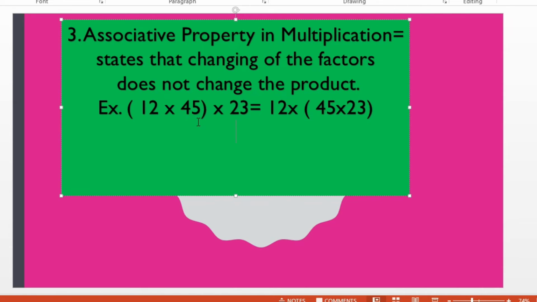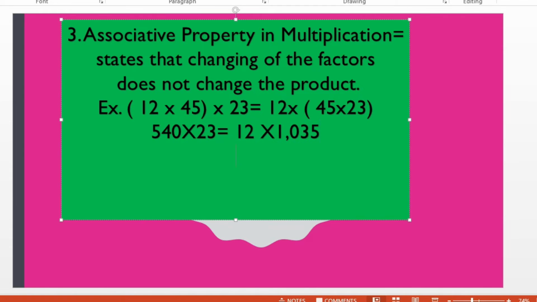So the answer is 540 times, bring down po natin yung 23 equals 12, bring down, times 45 times 23, the answer is 1,035. So 1,035. So check po natin. 540 times 23, ito po muna yung ating i-multiply.